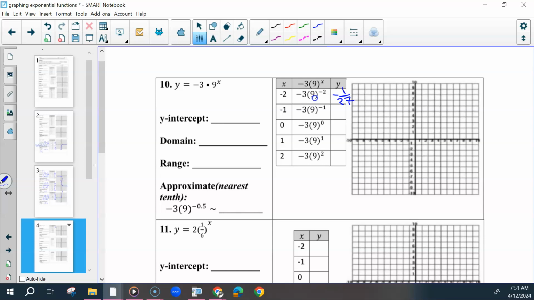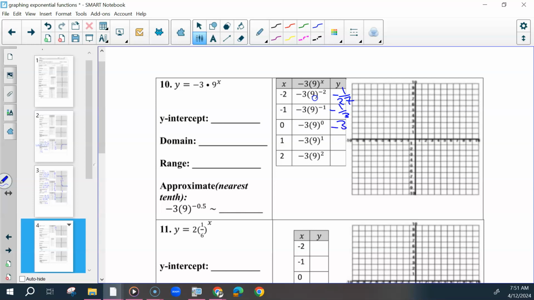Negative 3 times 9 to the negative 1. What would that give us? Negative 1/3. Negative 3 times 9 to the 0.